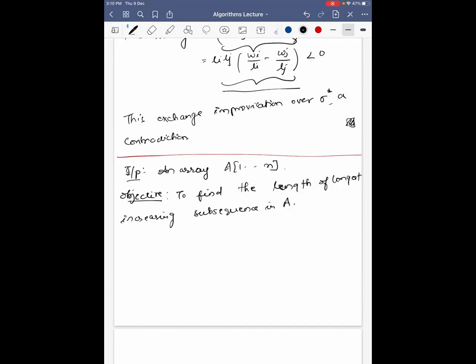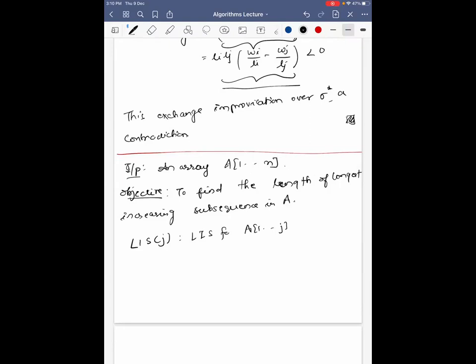Sir, if we were to try to get a recursion, let's say we parameterize our system as LIS of J, the longest increasing subsequence in A1 through AJ. Then we want to fill this array of LIS in some dynamic sense.